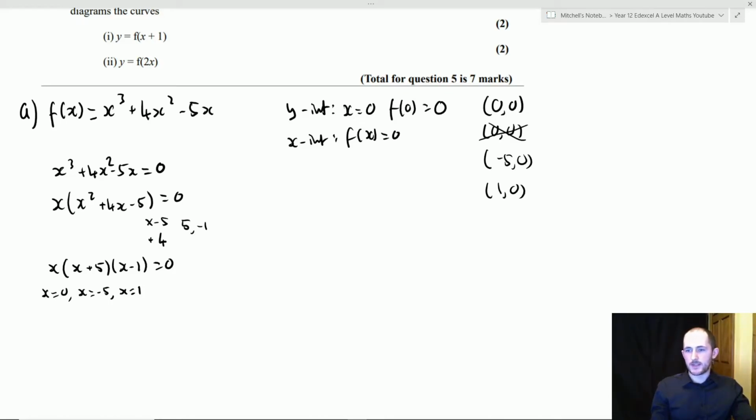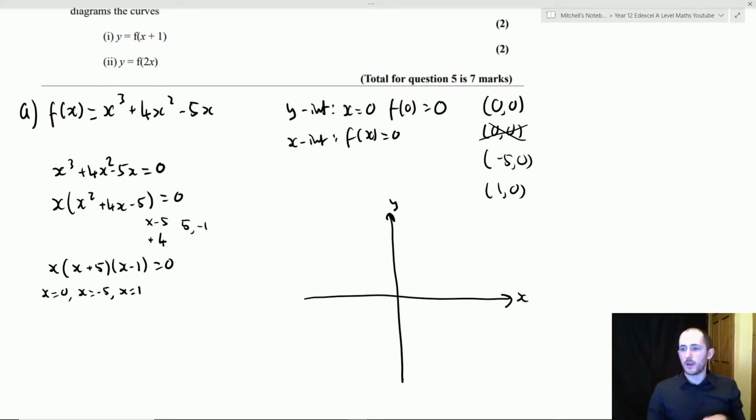So if we're sketching this now, we have x. Now sketching cubics and also quartics and things like that, it can be a bit tricky, okay? But it's not too bad at the moment. So what we're going to do here is put the minus 5 here, the 0 is here, and the 1 is over here.